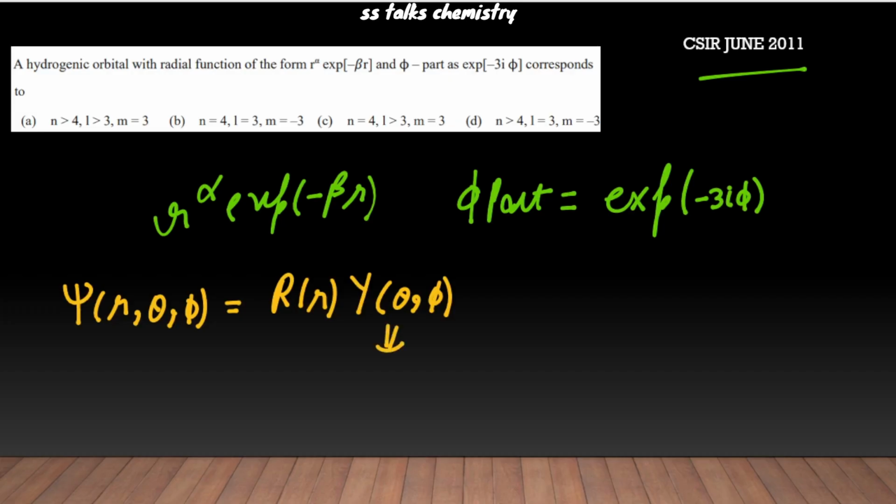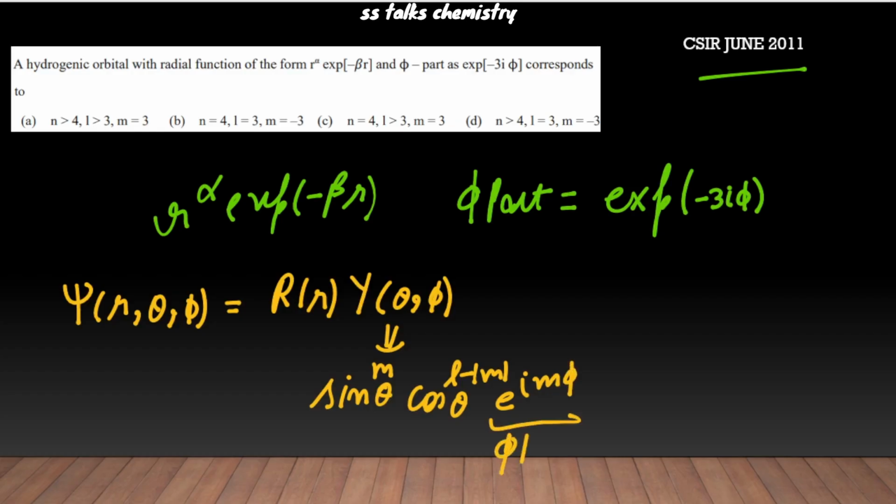The angular part that you have is sine raised to the power m theta into cos of L minus m theta, e raised to the power of iota m phi. So this is my phi part in this, right? The given phi part is exponential of minus 3 iota phi.